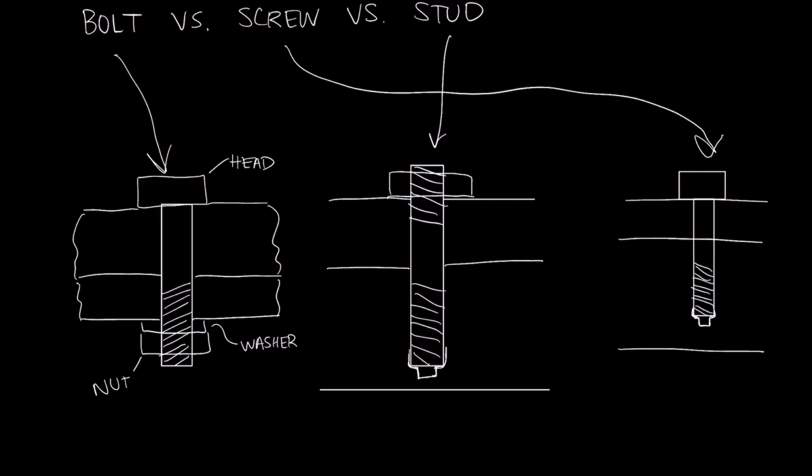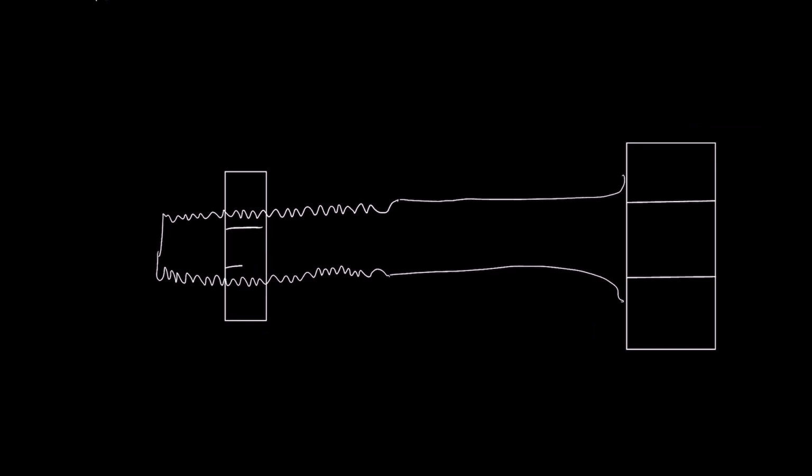Now let's talk through a little bit more of the anatomy of a threaded fastener. Okay, so here's a rough sketch of what a threaded fastener might look like. This is, of course, a bolt.